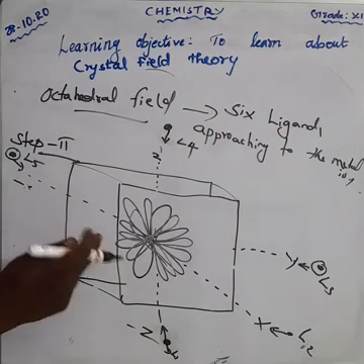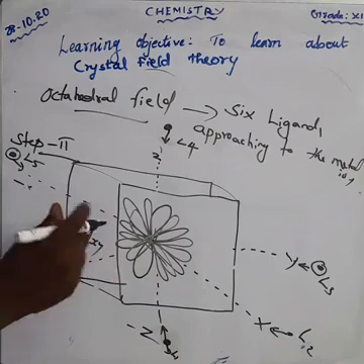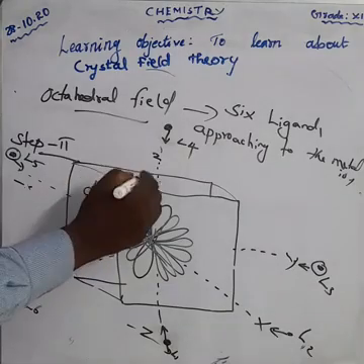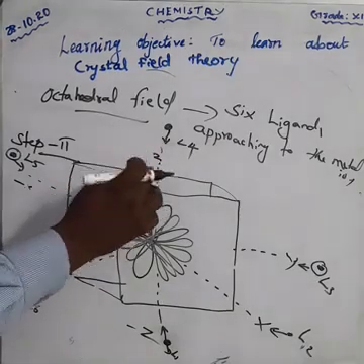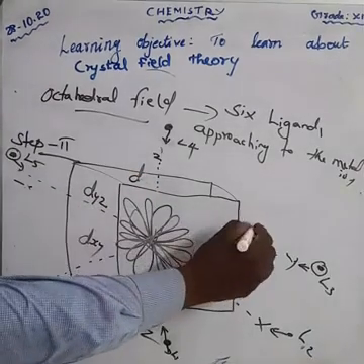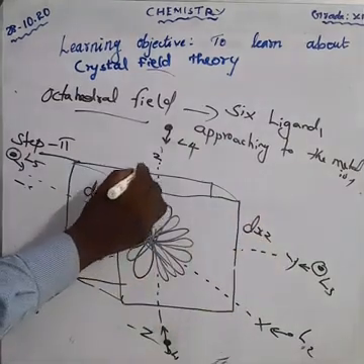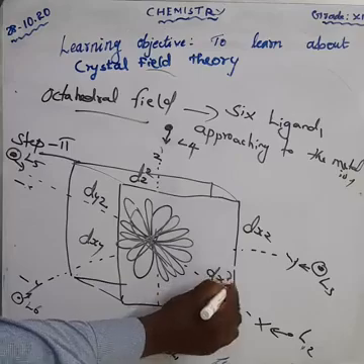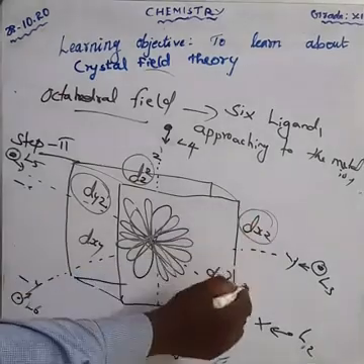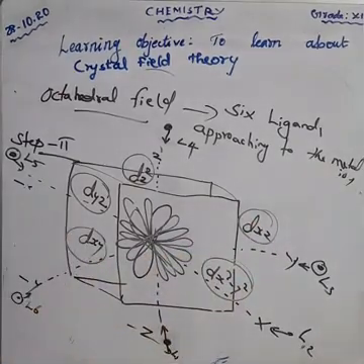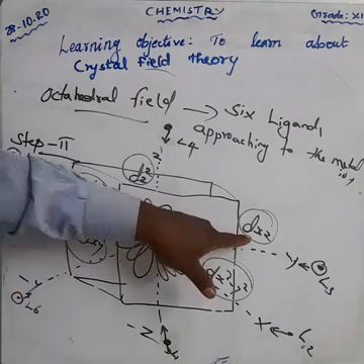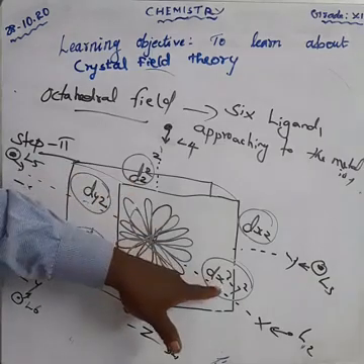The first one is dxy, then dyz, dxz, dz square, and dx square minus y square. These are the 5 orbitals.